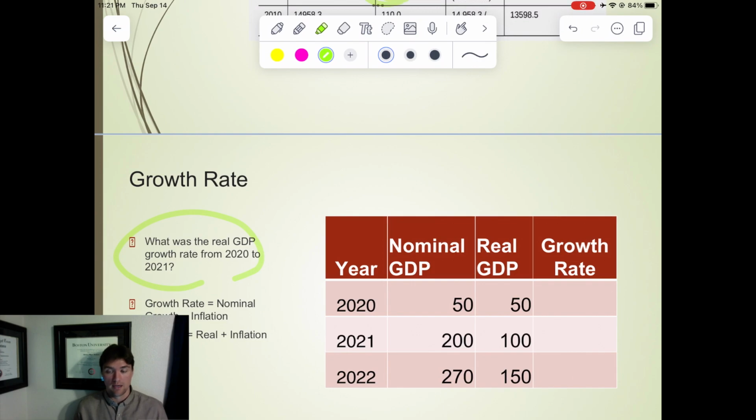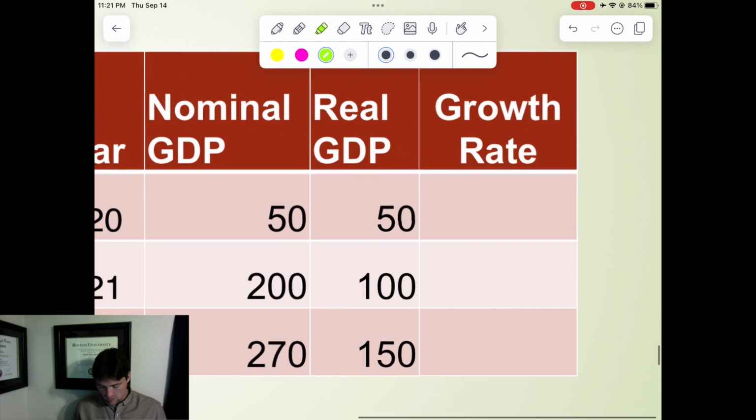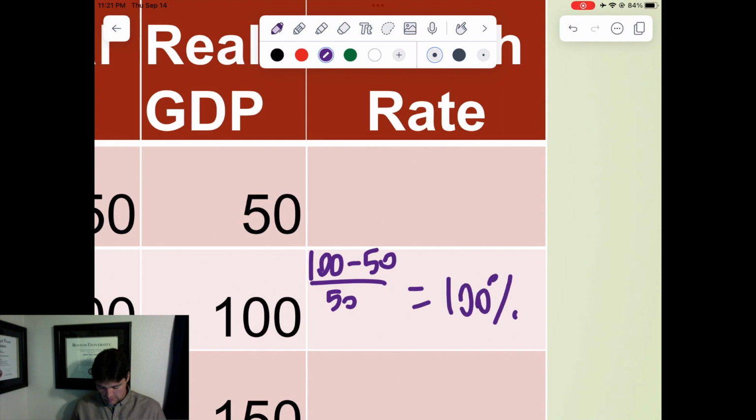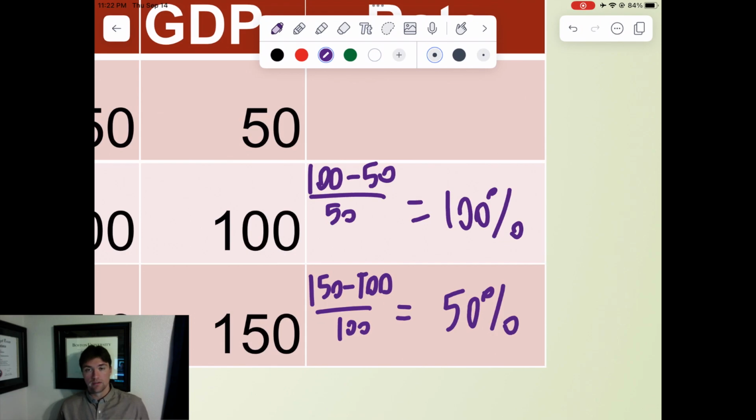So if I wanted the growth rate from 2020 to 2021, my new is 100 minus 50 divided by 50, new minus old divided by old, that should be 100%. So you had a 100% growth rate here. Now let's do it again: new minus old divided by old, and that should be a 50% growth rate. Good job.